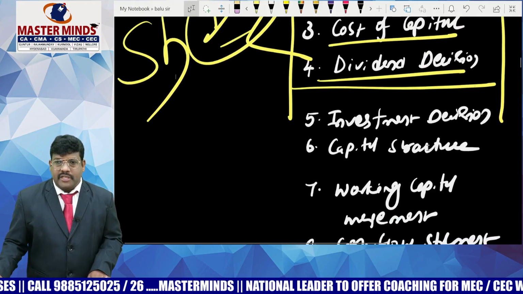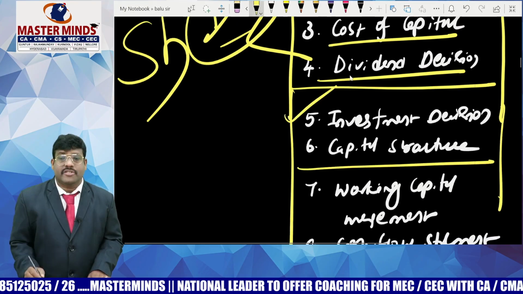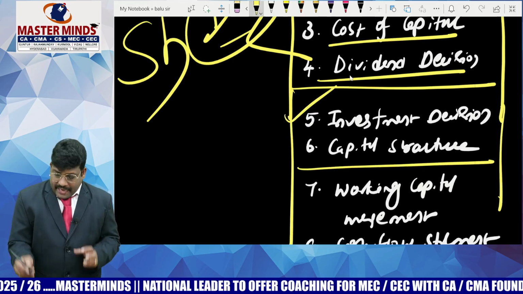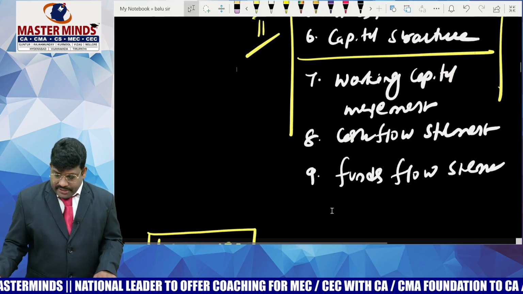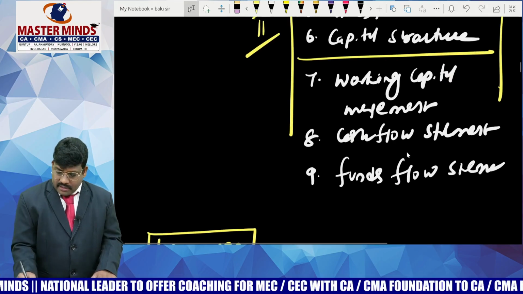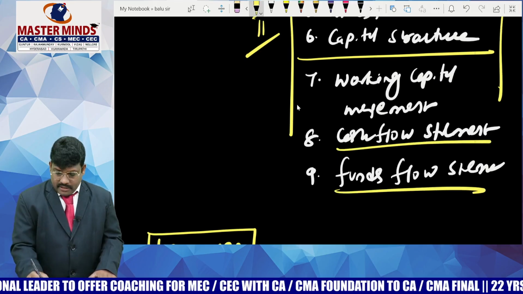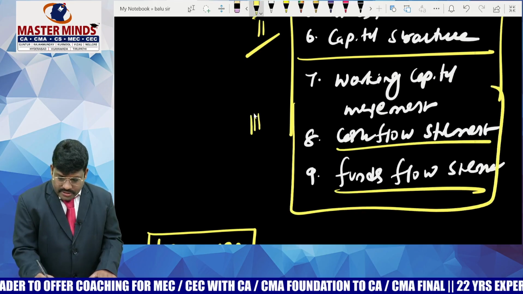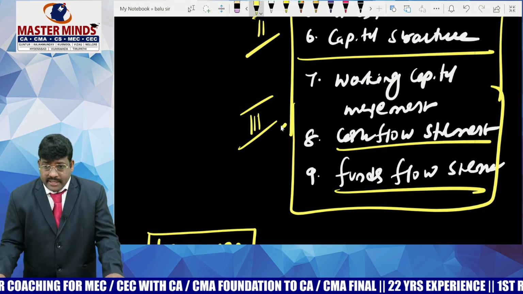Thereafter, never neglect investment decision and capital structure; complete these two immediately. And last, concentrate on working capital management, cash flow statement and funds flow statement. This is the third category, but you have to complete all of these.